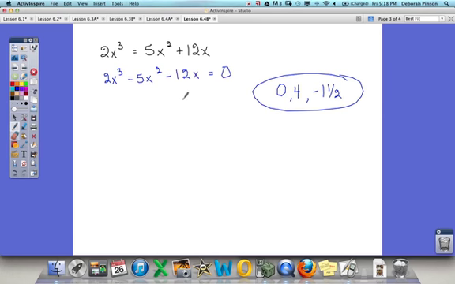Now I want us to do this a different way. I'm looking at this and I'm thinking I could factor this thing. And the reason I think I could factor this thing is because I could pull out an x. So I'm going to pull out an x and let's see what's going on from here. Okay.